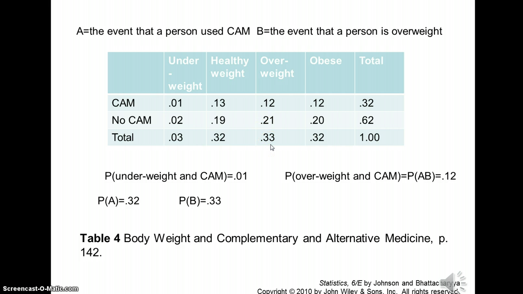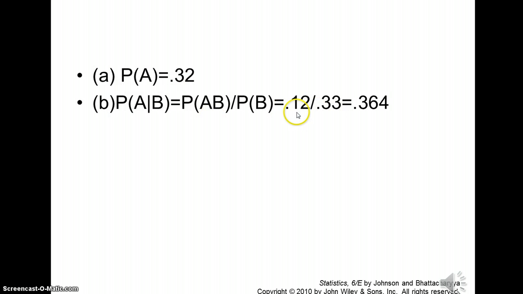In the second question, we have an extra condition that we know this person is overweight. So 12 out of 33. That's how we get the answer: 12 divided by 33, or 12% divided by 33%, or 0.12 divided by 0.33. The answer is 0.364. So how do we get this answer?